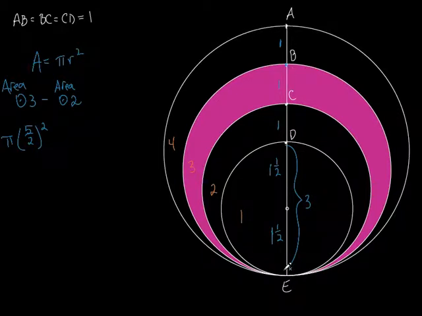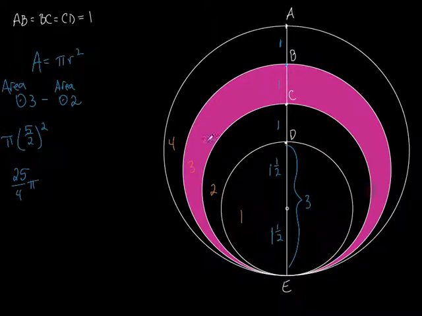The radius is half of the diameter, so 5 over 2, and I'm going to square it. We'll keep it in terms of pi, because all our multiple choice answers are written in terms of pi, so we're not going to use a calculator on this. So I get 25 over 4 pi. That's the area of circle 3.